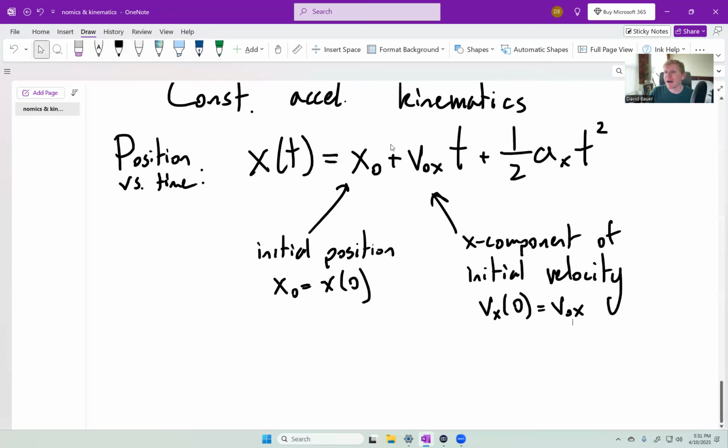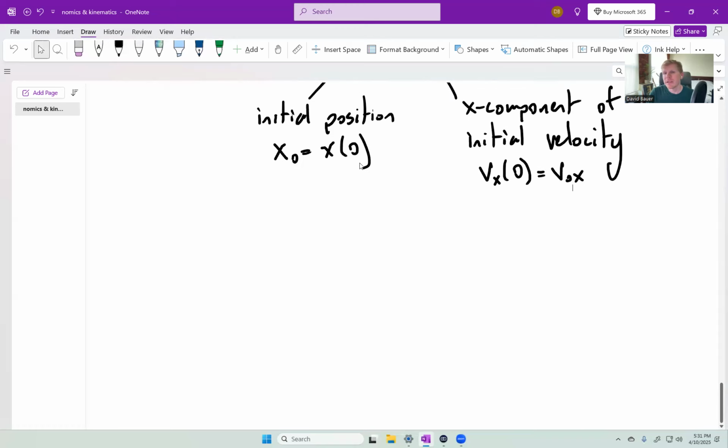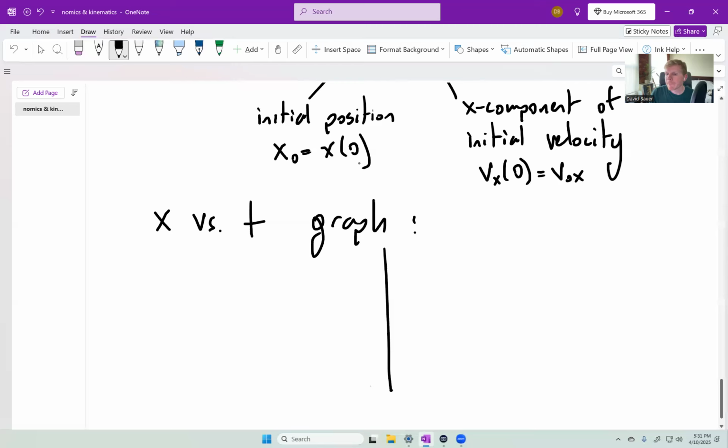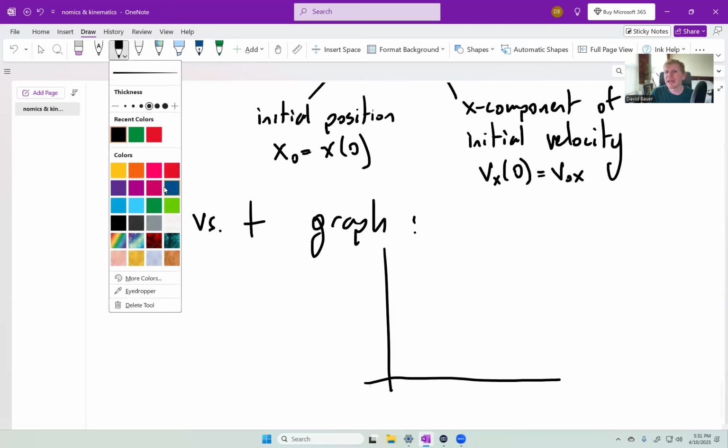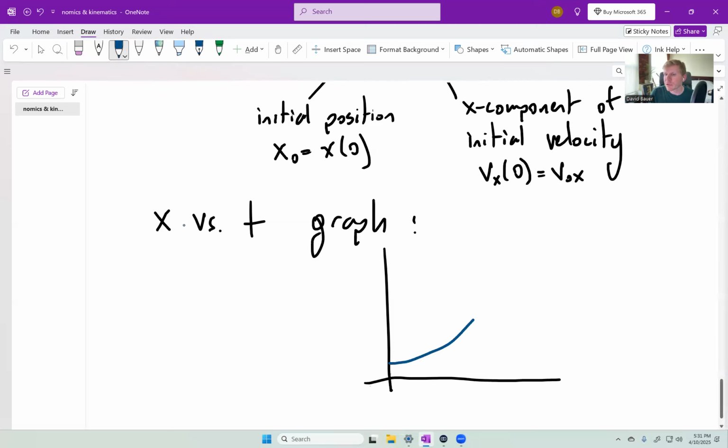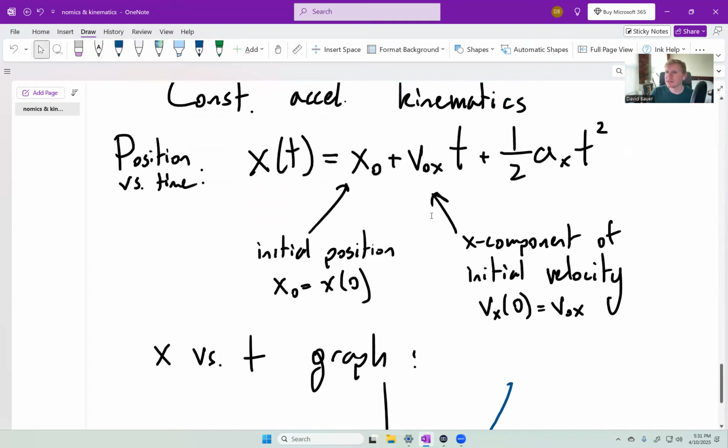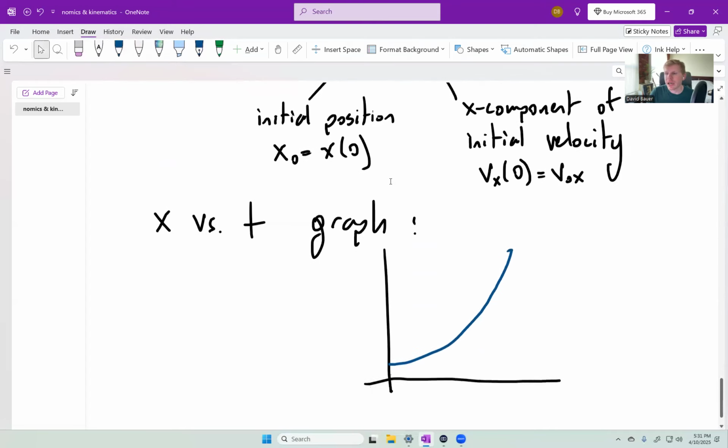And if I plot this thing as a function of time, if I look at a position versus time graph, then I get a parabola. Okay, depending on the sign of the acceleration, it's either going to be a concave up or a concave down parabola, but we know it's a parabola because this thing is a quadratic function of time.